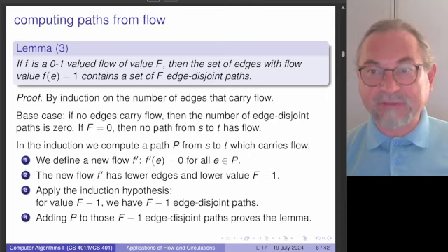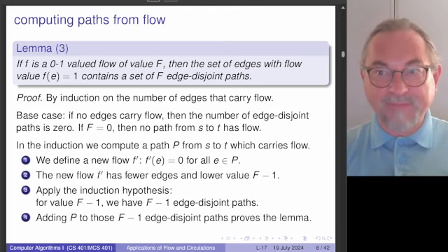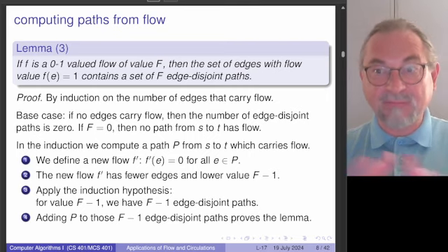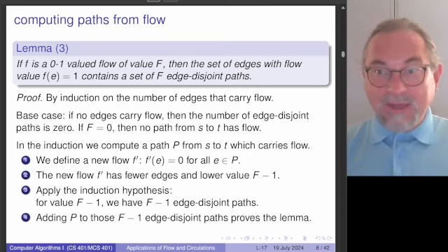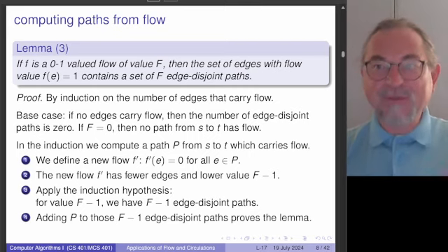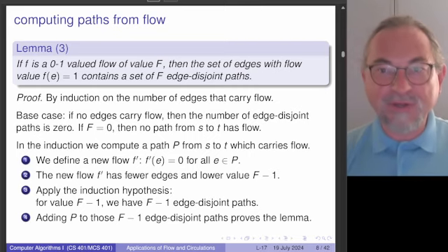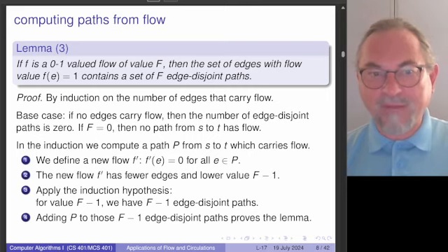The induction hypothesis states that the lemma is true for value F minus 1 or less. So that means that we do have value F minus 1, and the lemma states that then we have F minus 1 edge disjoint paths. Well, we have already one path p plus F minus 1, so we have F disjoint paths. So proof by induction means also in some sense a recursive algorithm. So we will compute paths and actually go to a diminished flow from flow f to flow f prime.